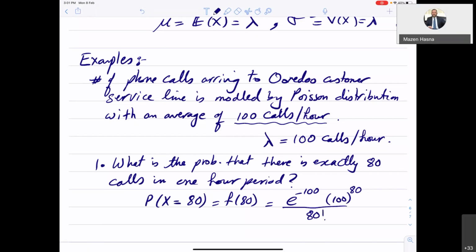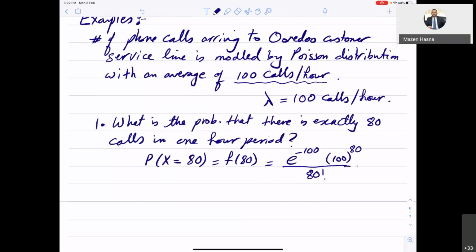Of course, if I give you this question in the exam, you can leave the answer like this, because most probably your calculator will not be able to calculate this probability. Let me ask another question. What is the probability of receiving 0 calls in 1 hour?